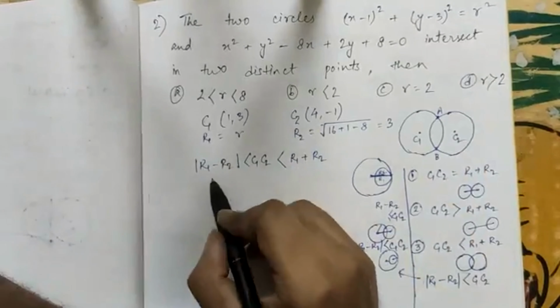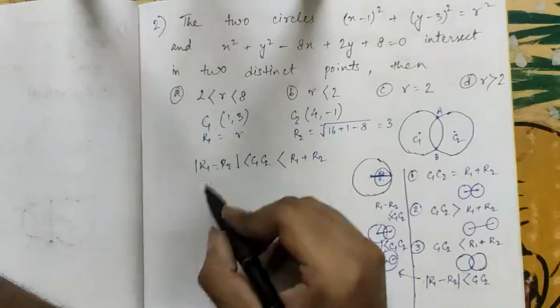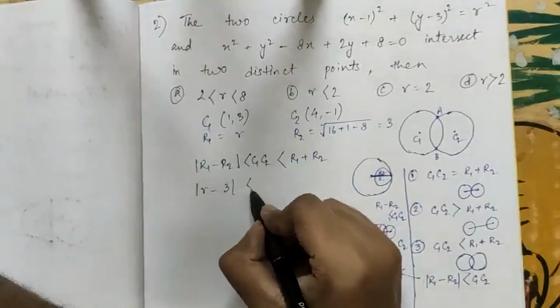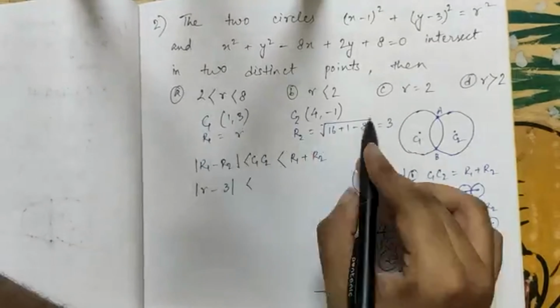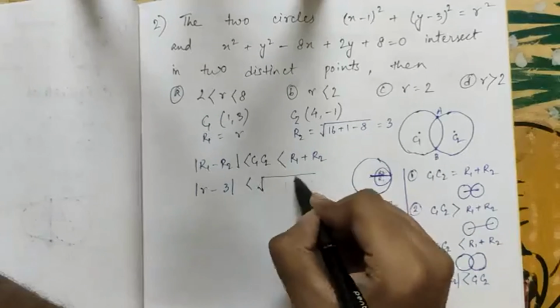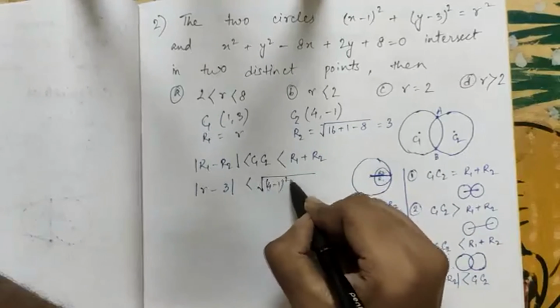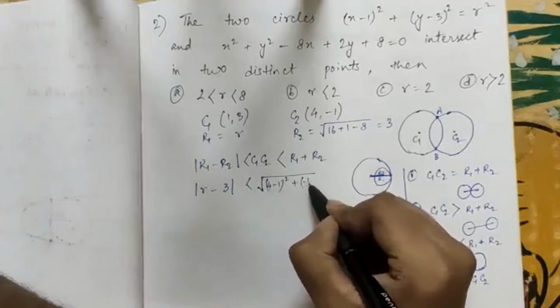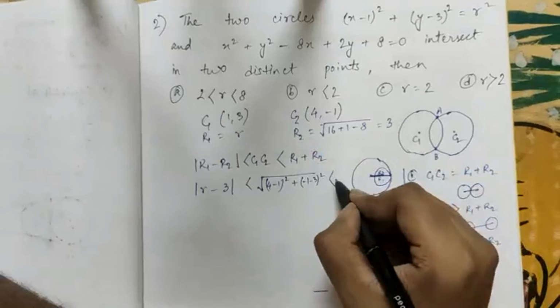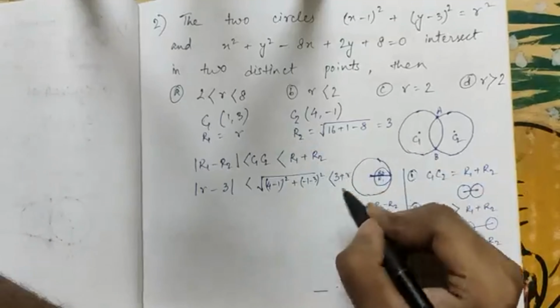Okay, so what will be r1 minus r2? It will be mod of r minus 3 is less than c1 c2. The distance between the centers will be what? Under root (4 minus 1) square plus (minus 1 minus 3) square, which is less than r1 plus r2, that means 3 plus r.